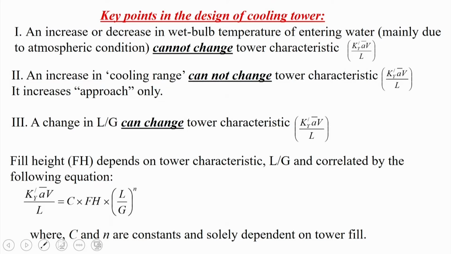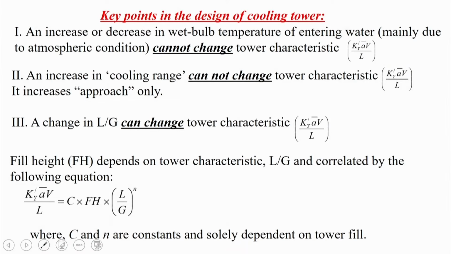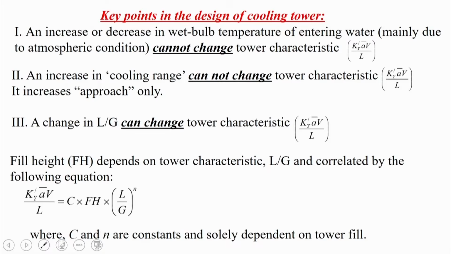We will be discussing more on the cooling range and the approach in the near future. A change in L by G, the liquid flow rate to the gas flow rate, can change the tower characteristic, capital K y prime into A bar into V by L. So if we want to change the tower characteristic, we need to manipulate the liquid flow rate as well as the gas flow rate.